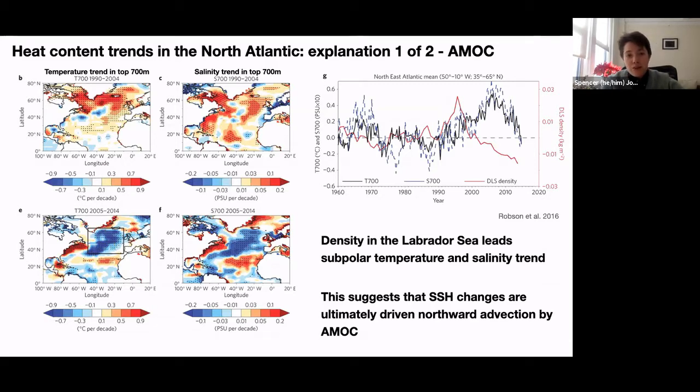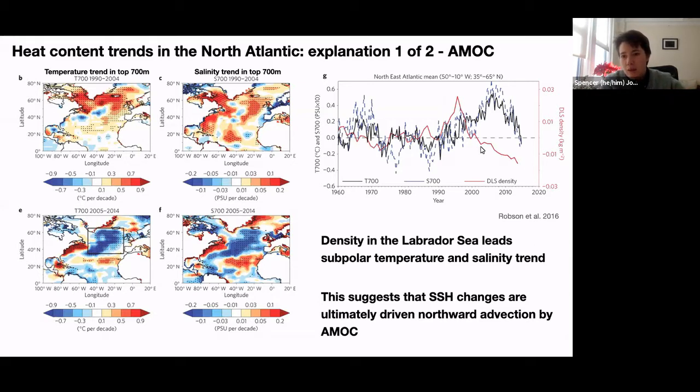And they find a similar trend in the salinity. So it seems like waters with high temperature are also coming in with high salinity and causing a similar trend in the salinity. And so you can see here why they think that it's the overturning that's driving the temperature change.